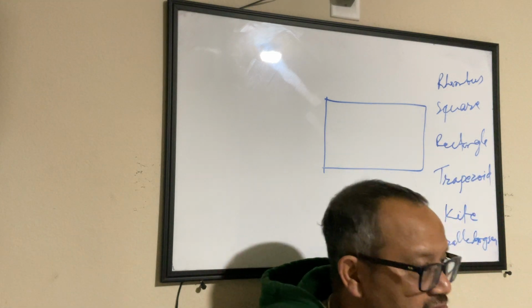Is there anything missing? Rhombus, square, rectangle, trapezoid, kite, parallelogram. These are essentially the shapes that come under the larger bucket of quadrilateral.